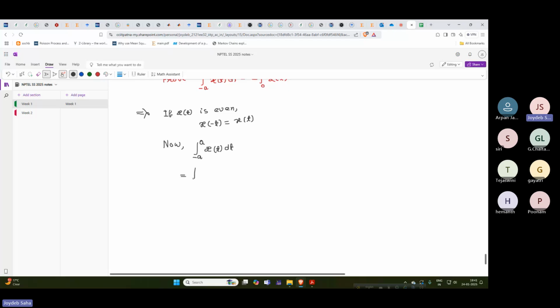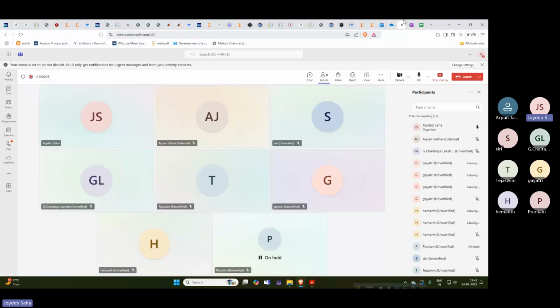The integral from minus a to a of x(t) dt is equal to the integral from minus a to 0 of x(t) dt plus the integral from 0 to a of x(t) dt. Can we break this like this?